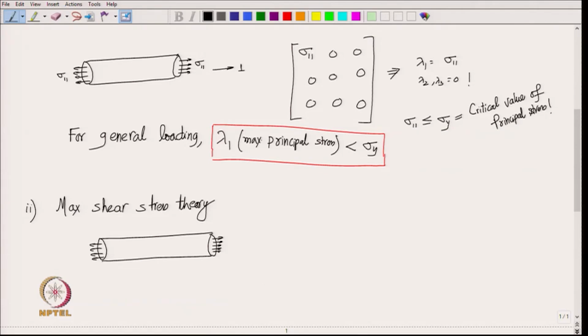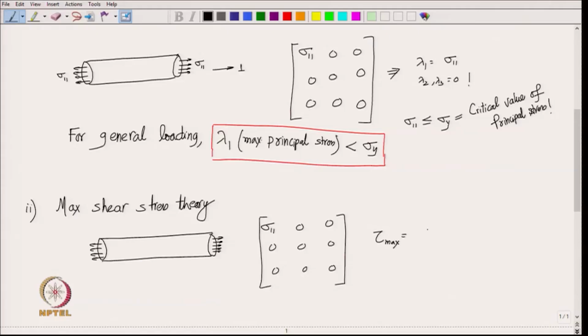So, what is the state of stress? It is again sigma 11, 0, 0, 0, 0, 0, 0, 0, 0, and then what is the maximum shear stress corresponding to this state of stress? Notice here the principal stresses are sigma 11, 0, 0.